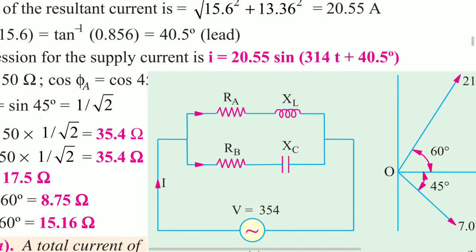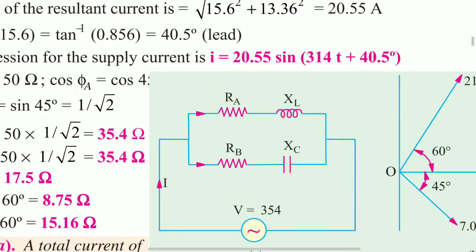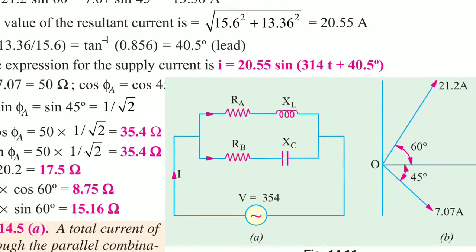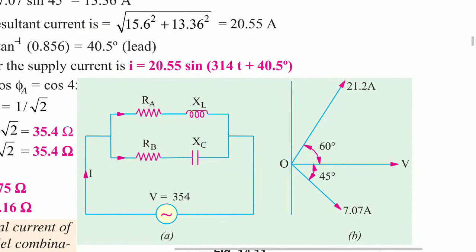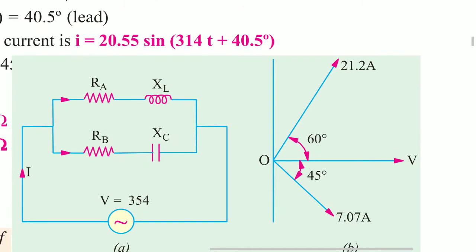Branch 1 is A, or R_A and X_L, and branch B is R_B and X_C. Now see here the phasor diagram.